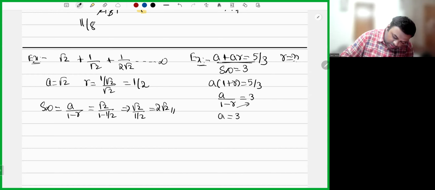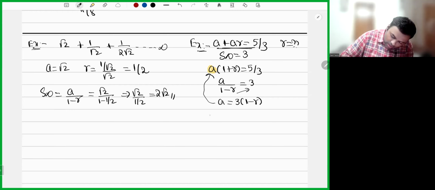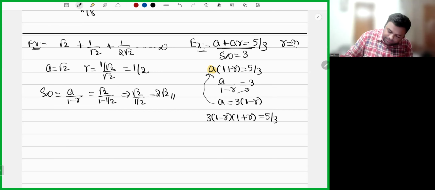A is equals to 3 into 1 minus R. Instead of this A, I'll substitute this A. Let's see what happens. 3 into 1 minus R into 1 plus R is equals to 5 by 3. Right? Cross multiplication. What is 1 minus R into 1 plus R?